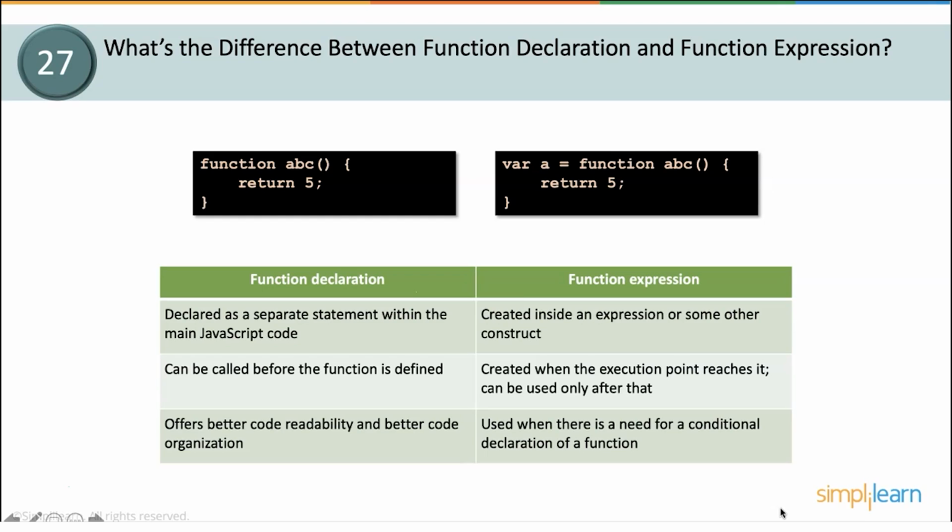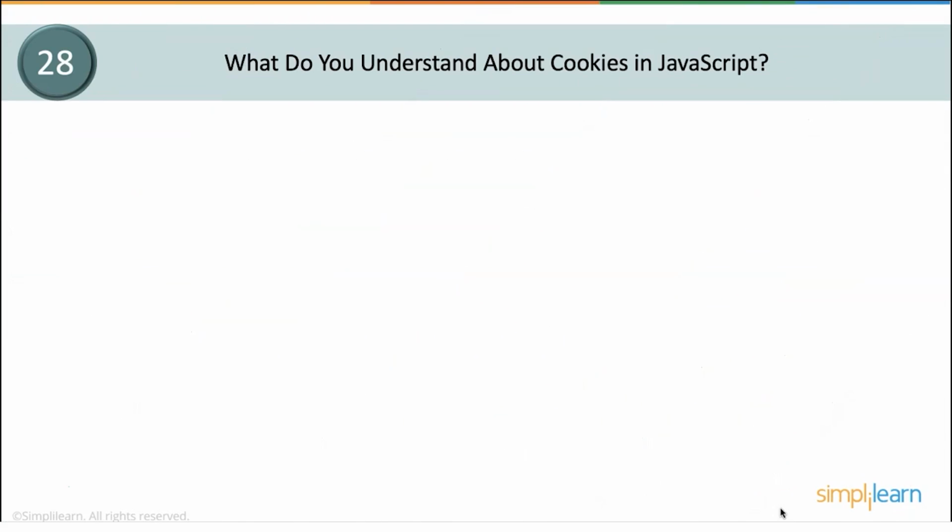It gives better readability, whereas function expressions are always created inside an expression, and are created when the execution point reaches them. Are we clear? It is used when there is a need for a conditional declaration of a particular function.